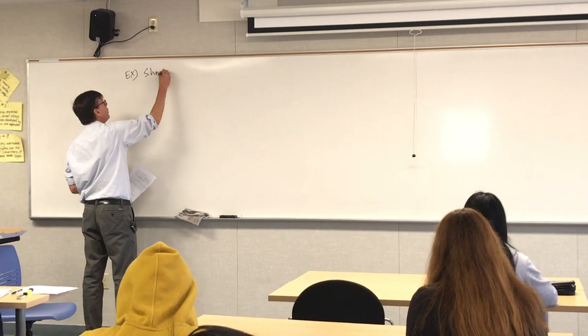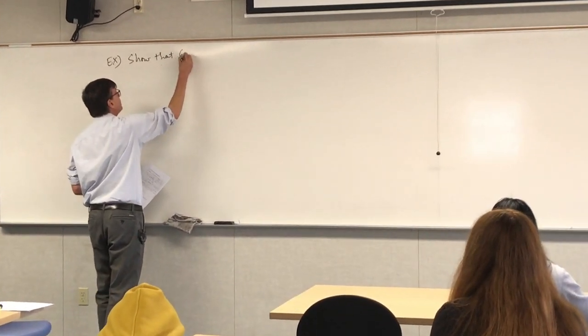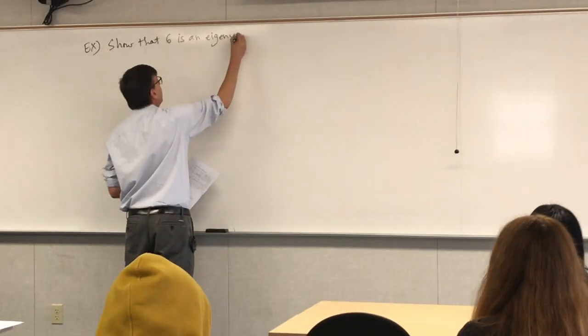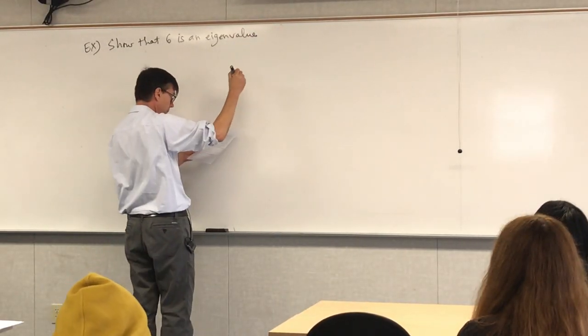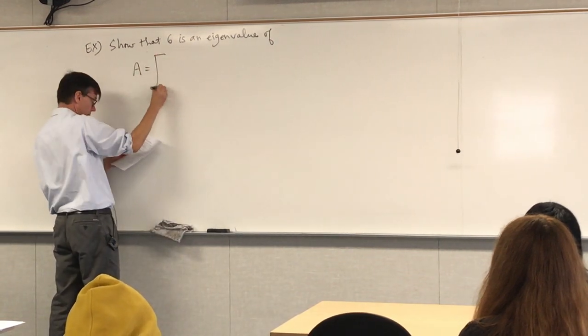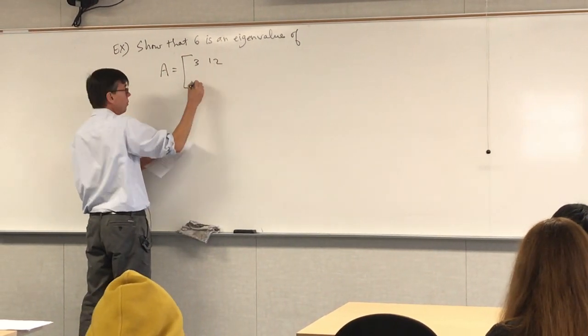So we're going to show that 6 is an eigenvalue of the matrix A, which is [3, 12; 1, 2].